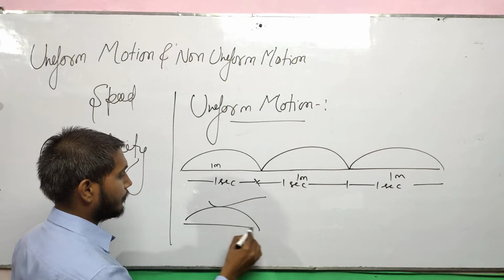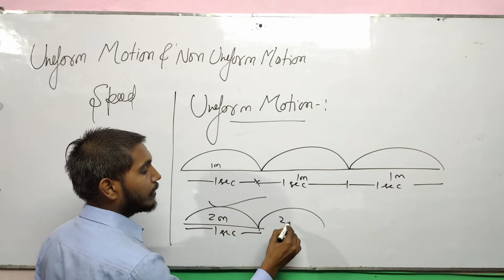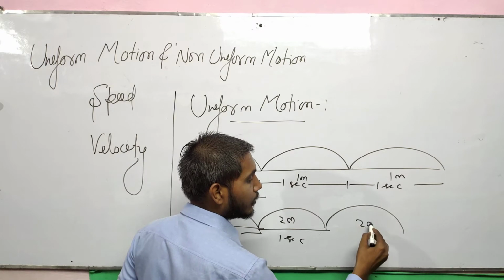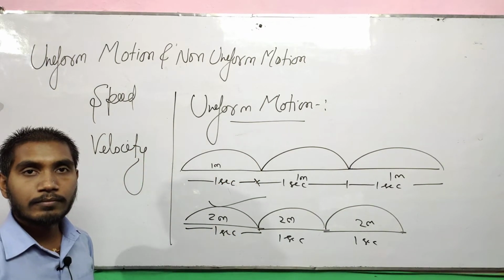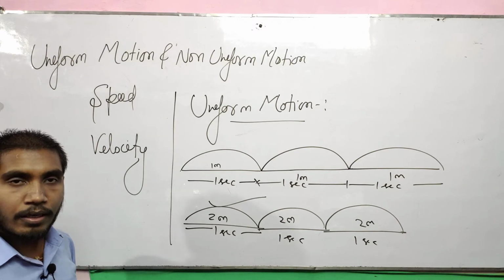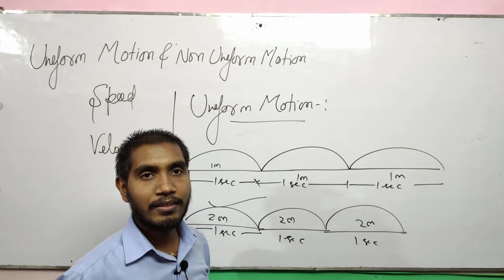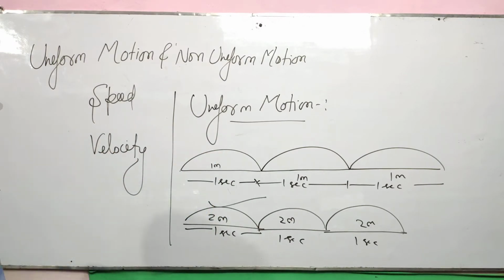Similarly, 2 meter in 1 second, 2 meter in 1 second, once again 2 meter in 1 second. In every second it covered equal distance, so this motion is called uniform motion.